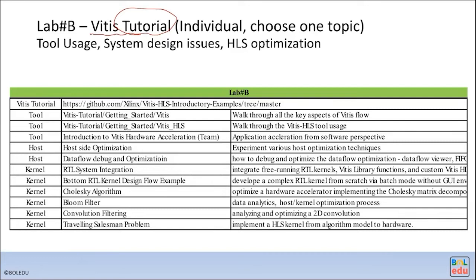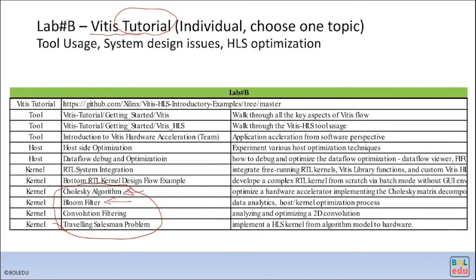I looked at the content, and I think it's very good, and the document is also well written. It teaches many important concepts for system design and also kernel optimization. For the kernel optimization, they use these examples. The Cholesky algorithm does matrix decomposition.